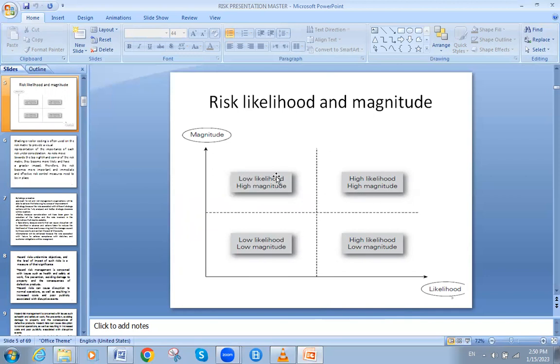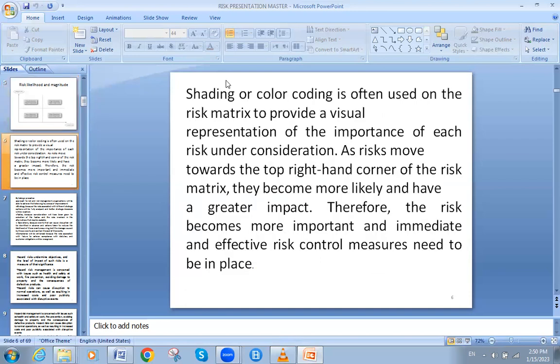The likelihood means the probability. Here, high for both of them, high in the magnitude and high in the likelihood as well. How about this area? High likelihood and low magnitude. So any kind of risk falls into one of those four areas.